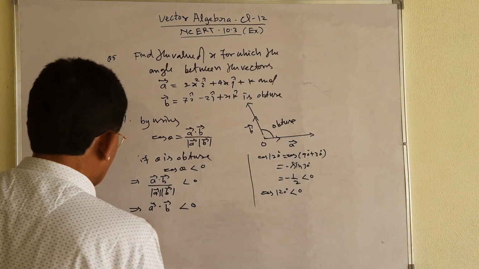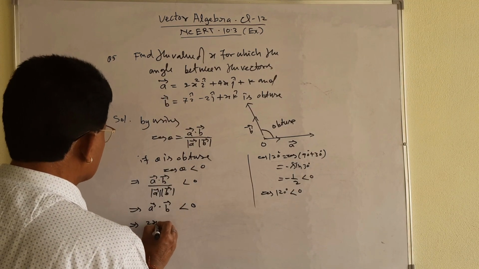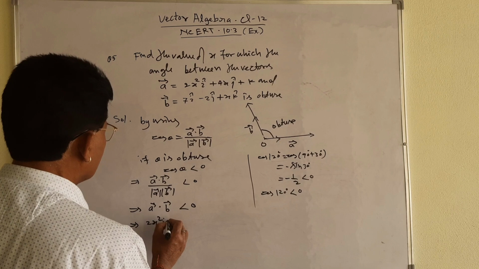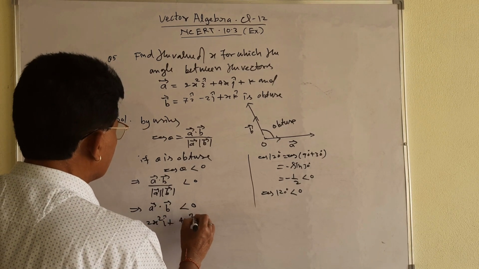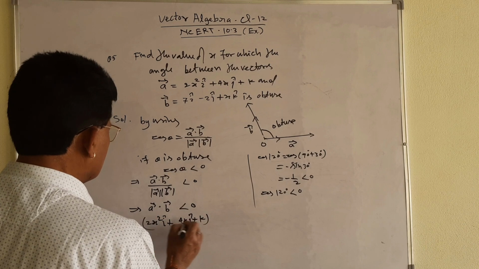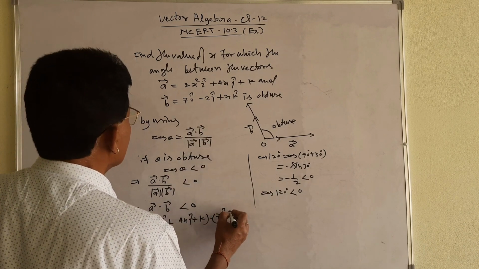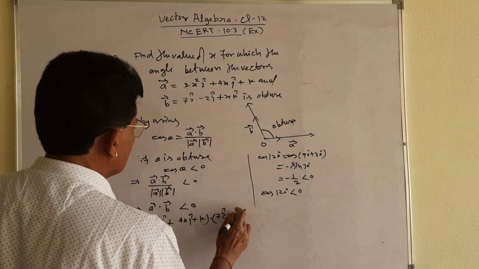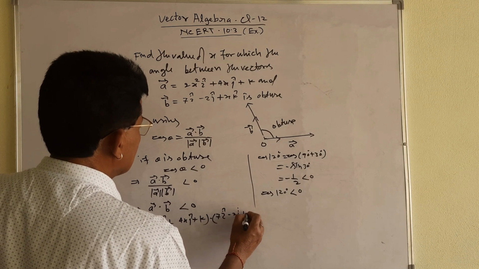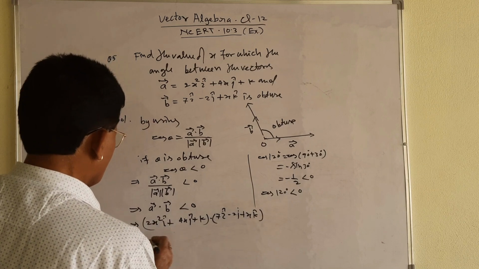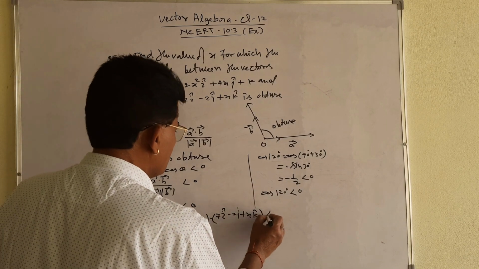Then you write the values of A and B. I explained this in detail to you: i plus 4x j plus k, and 7i minus 2j plus xk. My dear student, you only have to multiply the scalar components, less than 0.